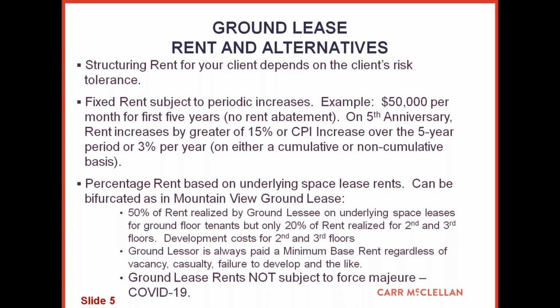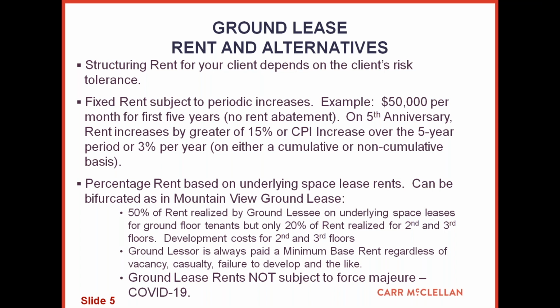The ground lessee said fine, because if they build a second or third floor or make further additions to this little building, we negotiated that the ground lessee will get 80% of the rents they realize from the space tenants on the second and third floors, and our client only gets 20%.